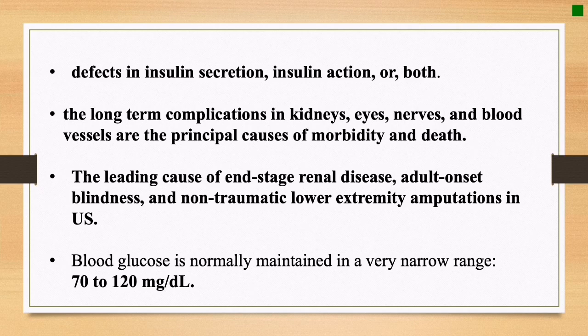That's why diabetes is considered the leading cause of end-stage renal disease, adult-onset blindness, and non-traumatic lower extremity amputations in the United States. Blood glucose levels are normally maintained within a very narrow range, from 70 to 120 mg per deciliter.